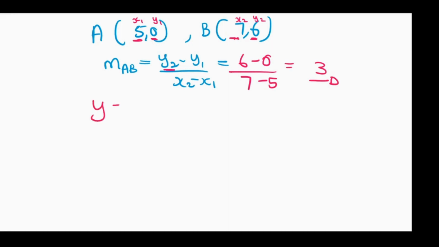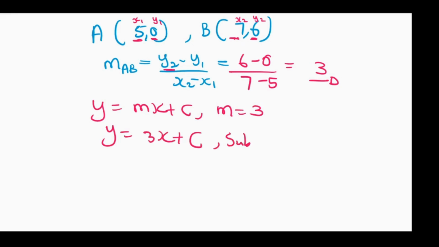So the equation is y equals mx plus c, but our m is equal to 3, so it's going to be y equals 3x plus c. You're going to substitute any point, it can be point A, which is 5 and 0, into this equation to find the value of c. Where we see x, we're going to put 5, and where we see y, we're going to put 0.